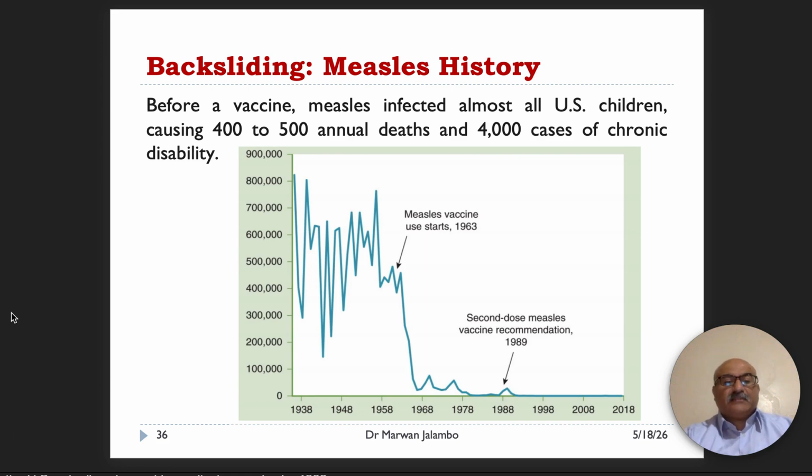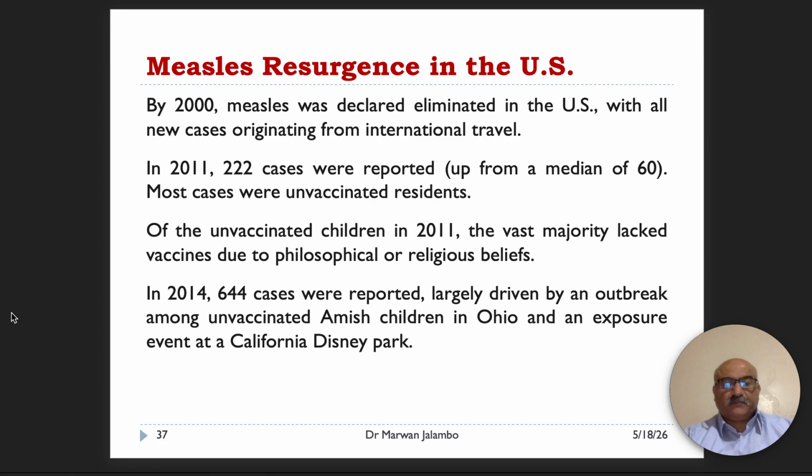Let's look at recent outbreaks. Measles was declared eliminated from the United States in 2000, meaning all cases could be traced to individuals who contracted it outside the country. But cases started rising again.